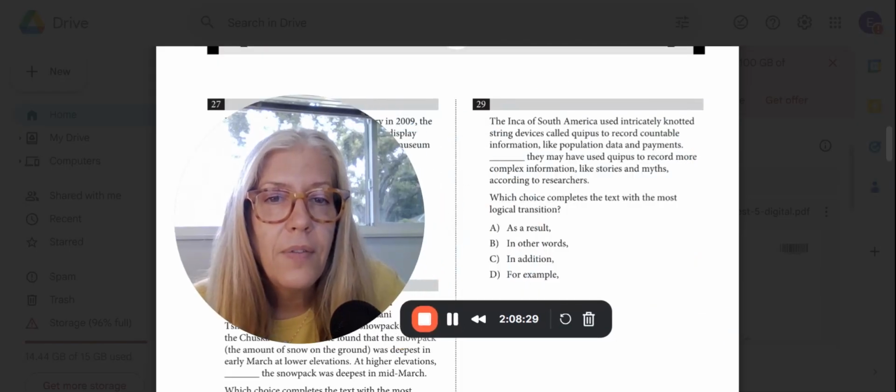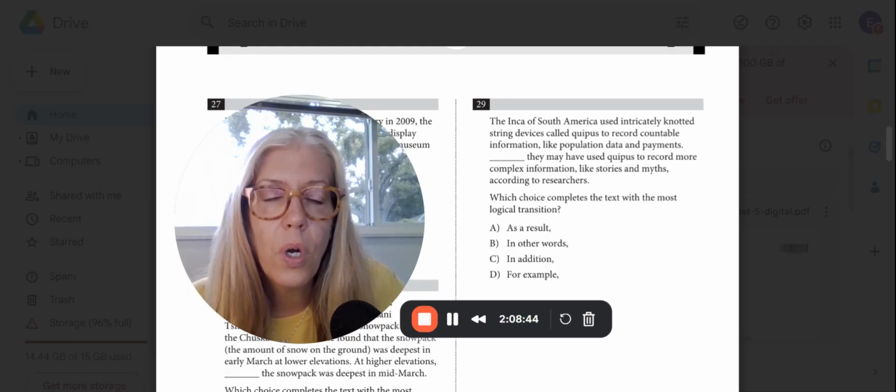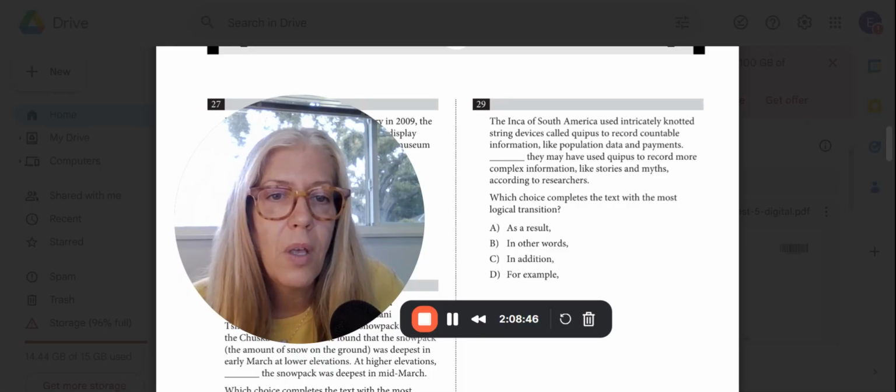The Inca of South America used intricately knotted string devices called quipus to record countable information like population data and payments. They may have used quipus to record more complex information like stories and myths. Oh, they're giving us more information about how they used it.